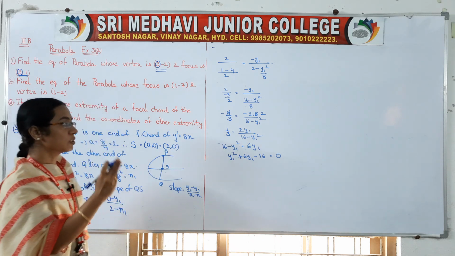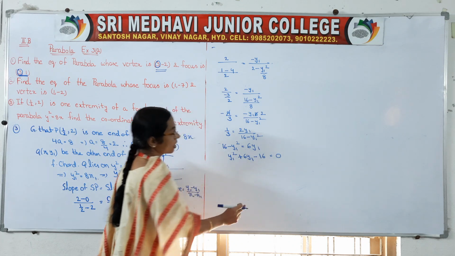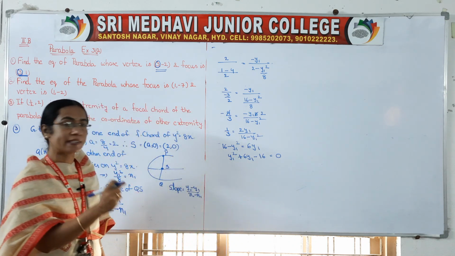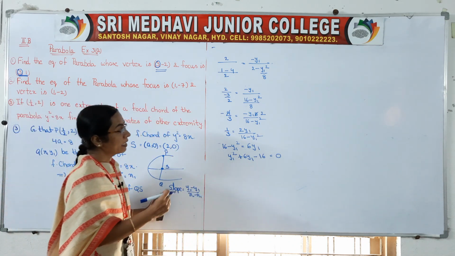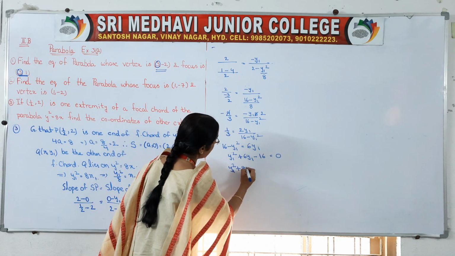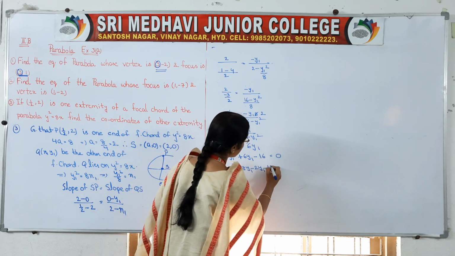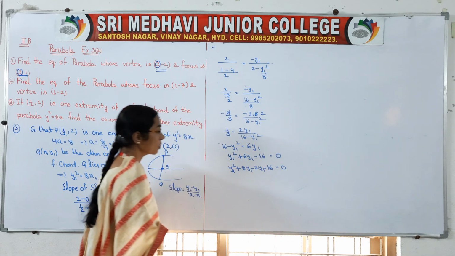Now we have to select two numbers whose product must be minus 16 and whose sum should be 6. So we can take 8 and minus 2. So y1 square plus 8y1 minus 2y1 minus 16 is equal to 0.